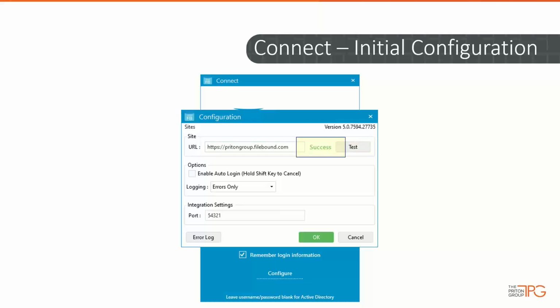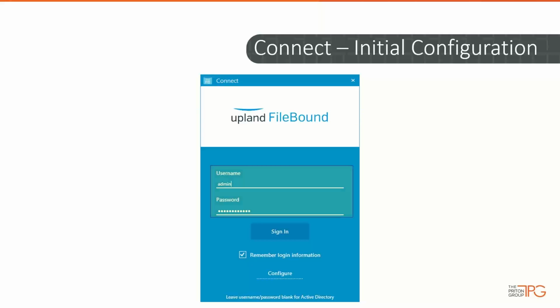And once that is good, then we also usually check the box for enabling auto login. This just allows Connect to auto log you into the application after you do your initial sign in. So once that's all good, we go ahead and just hit OK. And then you just enter in your FileBound username and password, and you sign in, and you're good there.